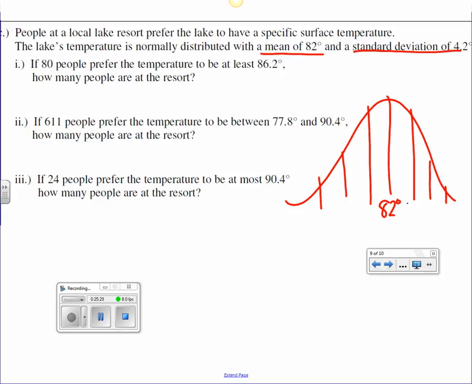Anybody? 86.2. And then you add 4.2 again. And then you add it again. Okay. And then to go in this direction, you take 82 and you subtract 4.2.